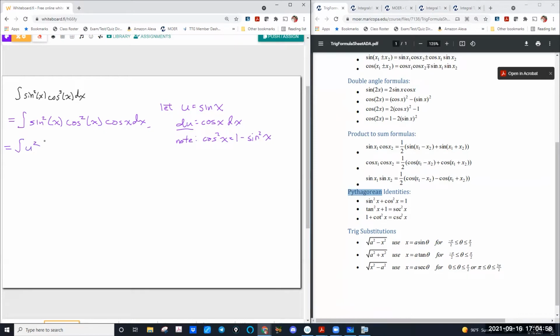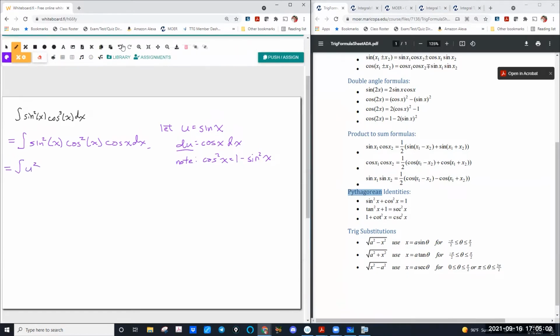So u squared, actually, sorry, I don't want to do the substitution just yet, because if you go back and look at this, I want you to see all the steps. Sine squared x, 1 minus sine squared x. That's our Pythagorean identity.